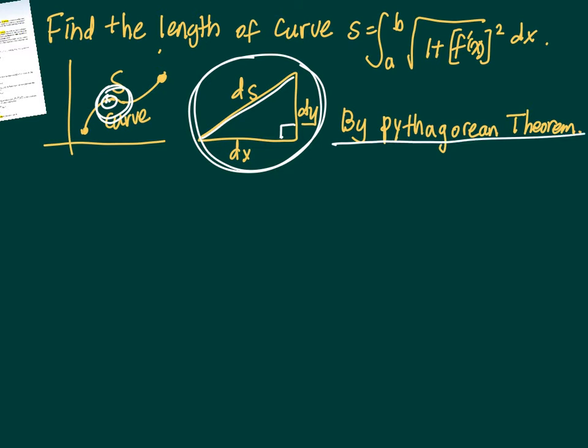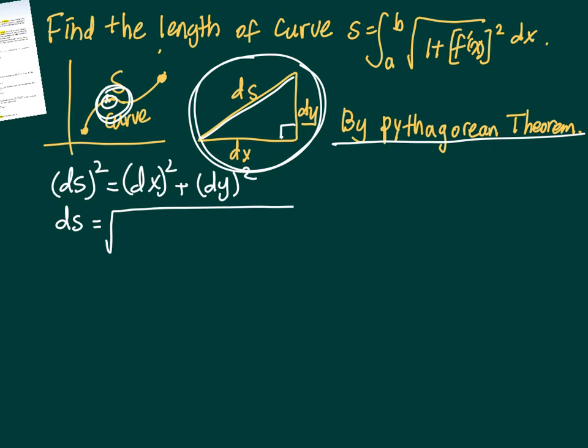By the Pythagorean theorem, ds squared equals dx squared plus dy squared. To get rid of the square, I take the positive square root of dx squared plus dy squared.